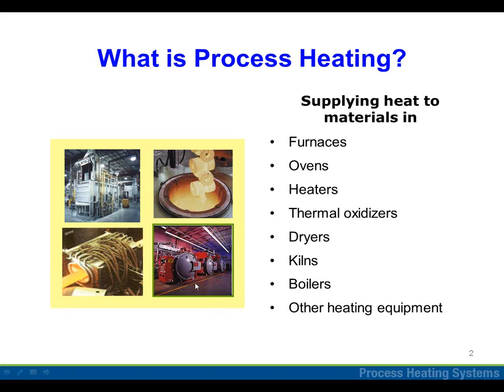Then there are ovens and heaters and thermal oxidizers and, of course, boilers and so on. The most important thing is that in each of these equipment, we use heat to do something to some sort of material. For example, in arc furnaces, we melt the metal. In reheat furnaces, we reheat the metal, and so on. Next slide, Sachin.